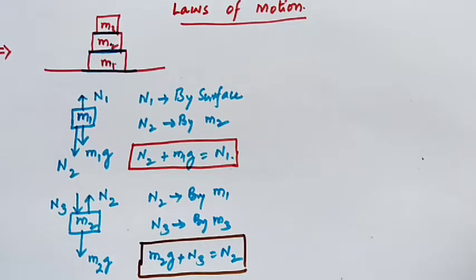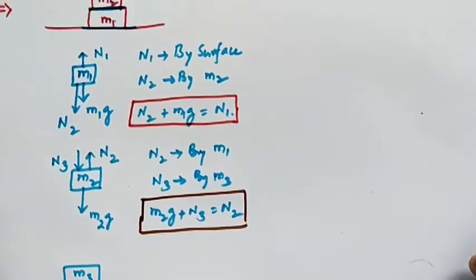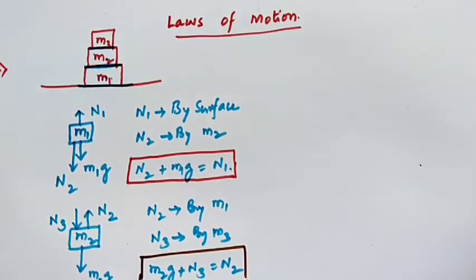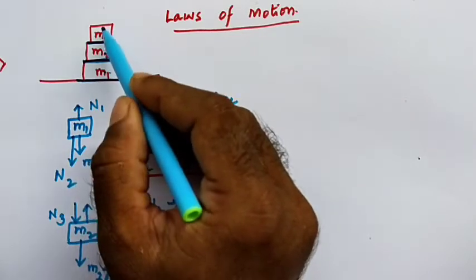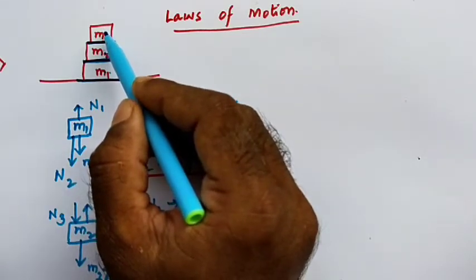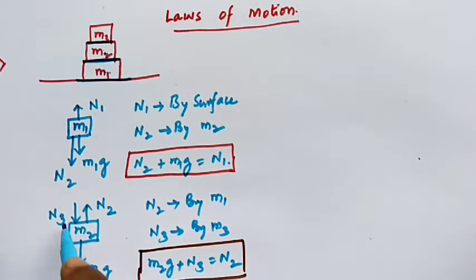Now coming to m3. What could be the free body diagram of m3? On this, as usual, the gravitational force will be acting, that is m3g. Next, m3 and m2 are in contact. Therefore m2 applies a normal force on m3, which is equal to the force applied by m3 on m2. How much is that? N3.